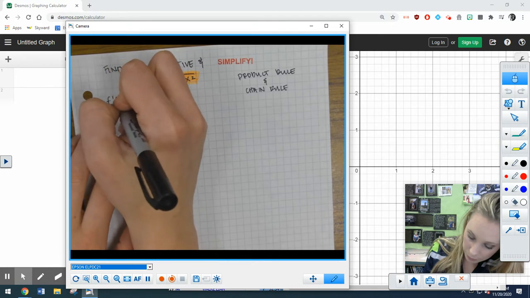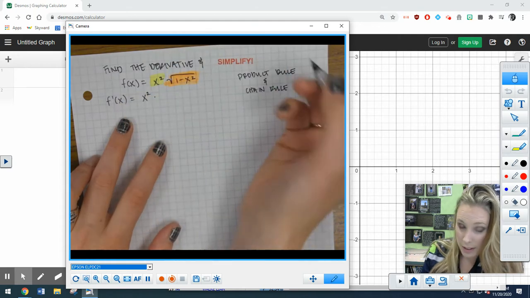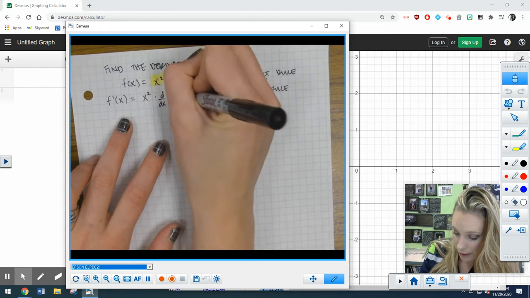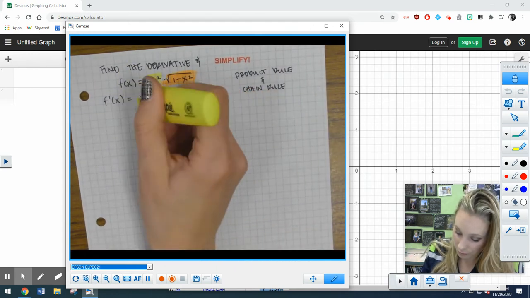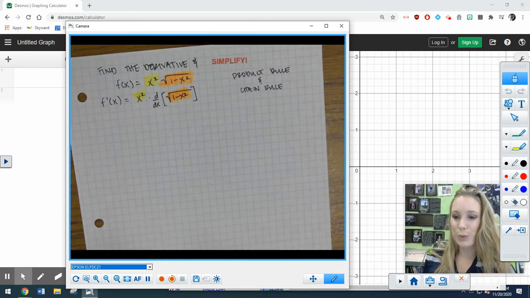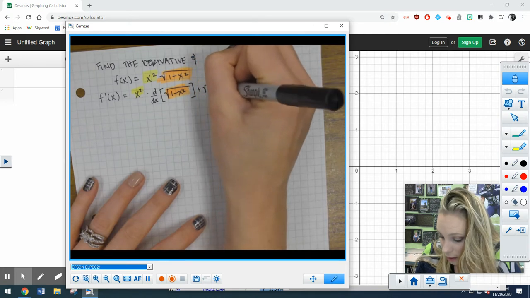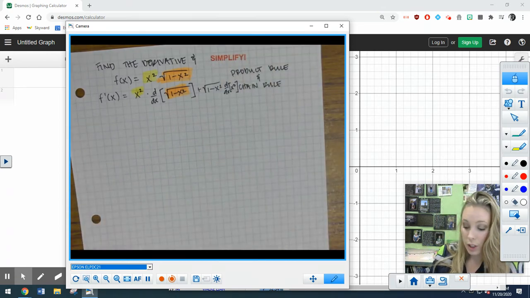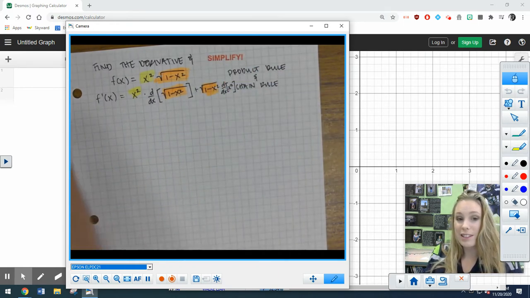So f prime of x is going to be x squared times the derivative of the square root of 1 minus x squared, plus the square root of 1 minus x squared times the derivative of x squared. So we have to apply these operations and then simplify.